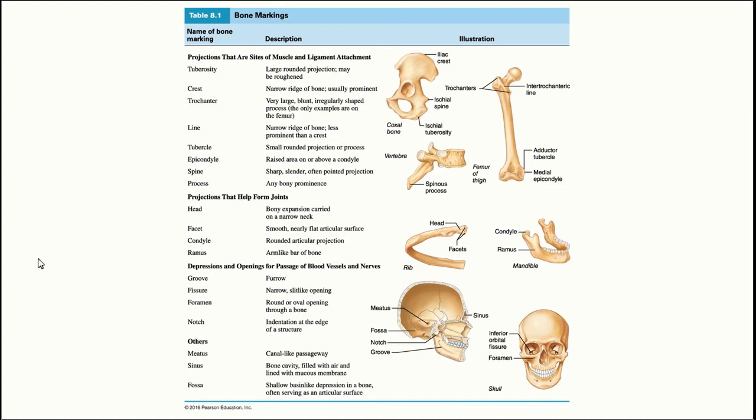You'll see that as we work through the skeleton in Chapter 7, we're going to encounter these terms again. Until we get to that point, I want you to practice naming the bone markings. You don't have to be able to identify them from a diagram quite yet, but make yourself familiar with the name of the bone marking and its description, because you're going to see these on both the lab quiz and the lecture exam.